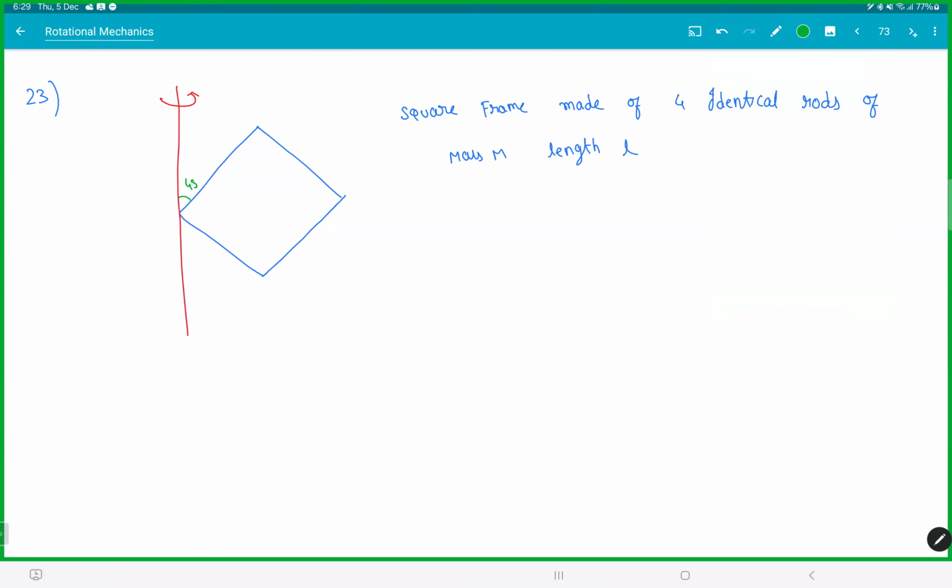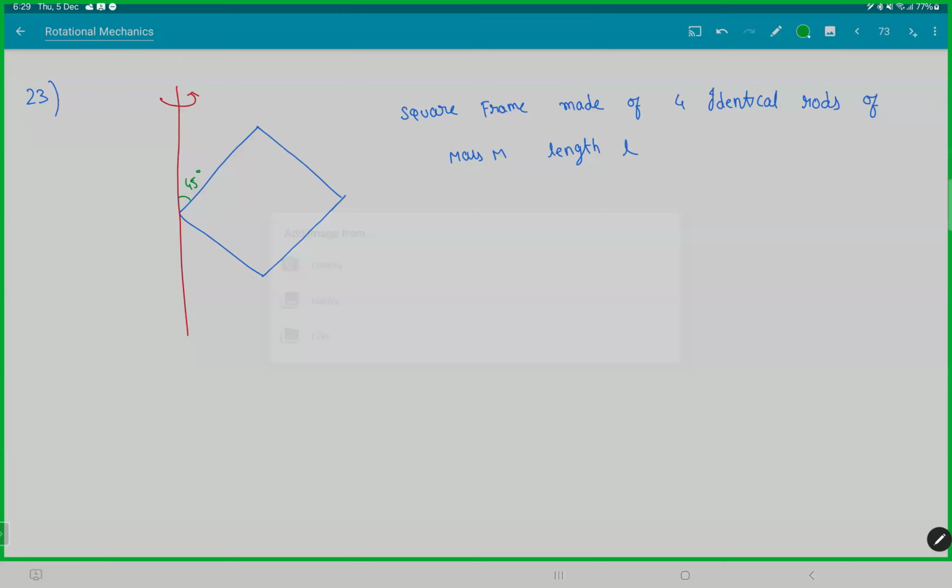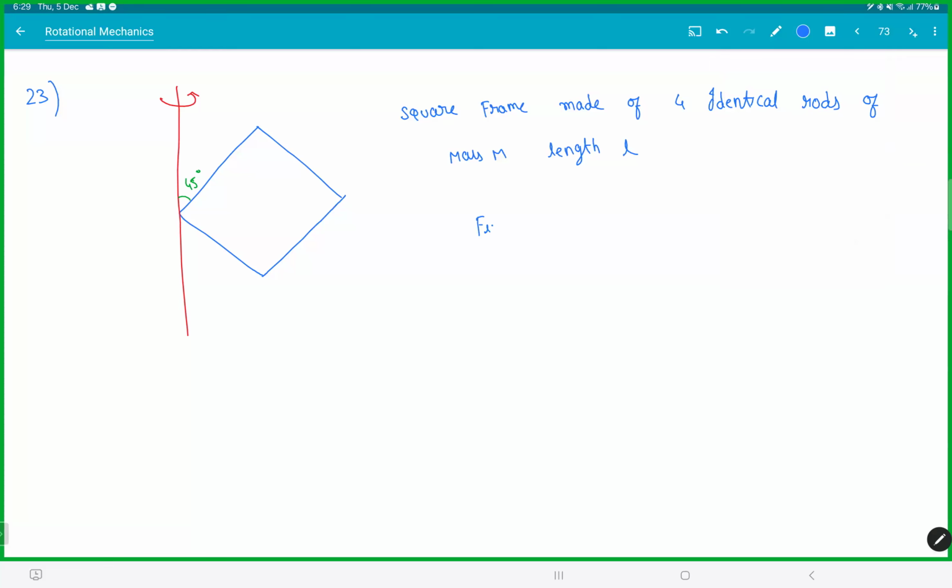This angle is 45. Find moment of inertia. You're getting how this is rotating? It's like this. That square frame is rotating about the vertical axis. Meaning after some time, this is going to become like this. I hope you're able to visualize the picture.